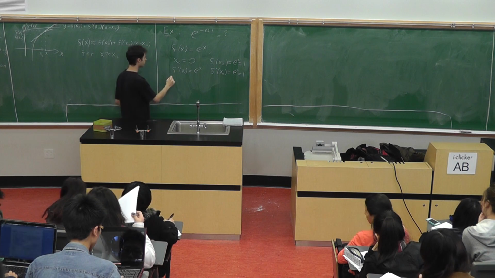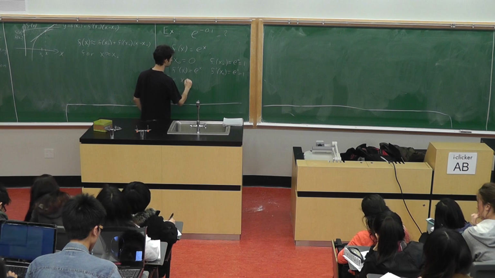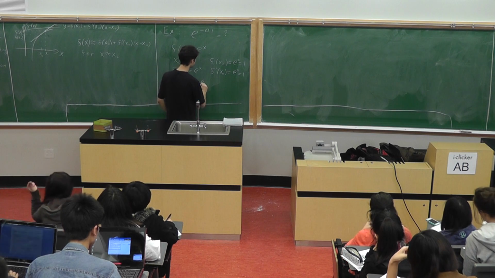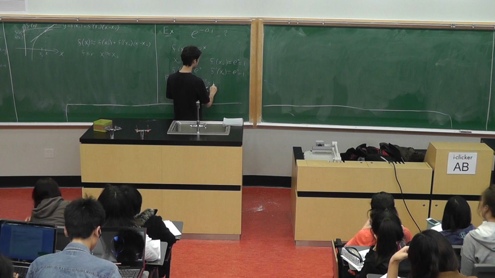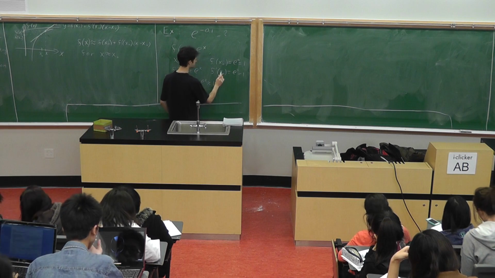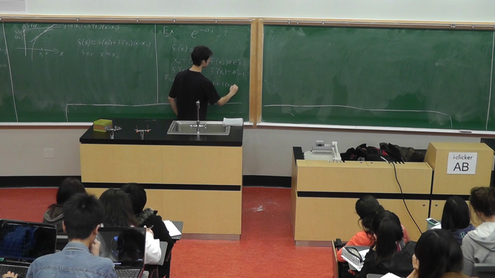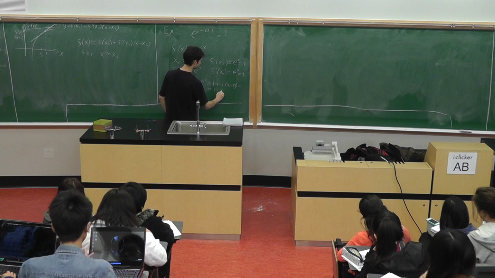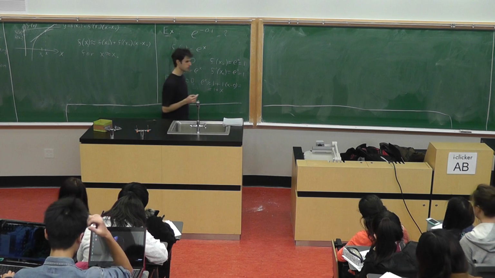And then we have the following approximation. For x which is close to 0, e to the power x is approximately the value at 0, f of x naught, plus the value of the derivative times x minus x naught, which is x minus 0. So it is 1 plus x.